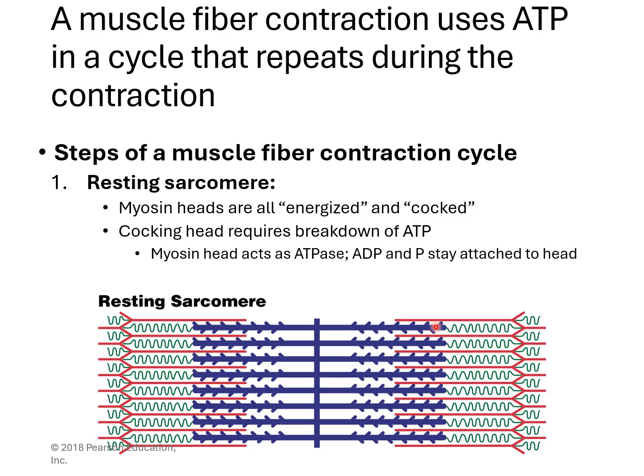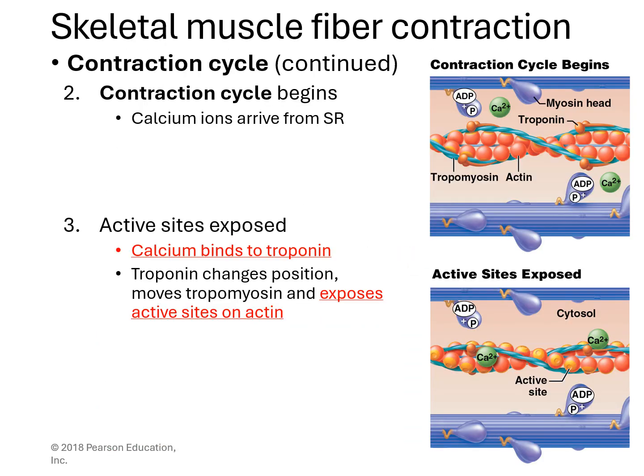All they need is calcium to be released. Another thing to think of, the myosin head acts as an ATPase. So ATP binds to it, changes it into ADP and phosphate, and then that will be attached to the head, ready to go. So what's happening? You see the myosin head up here. It has the ADP and phosphate. It's ready to go. All it needs now is the sarcoplasmic reticulum to release calcium.